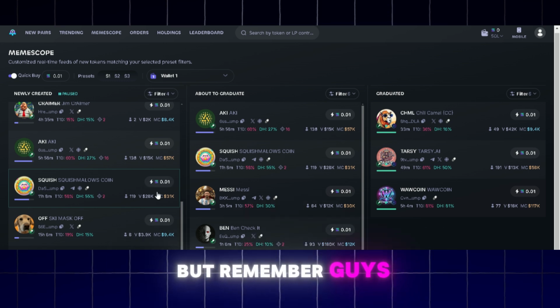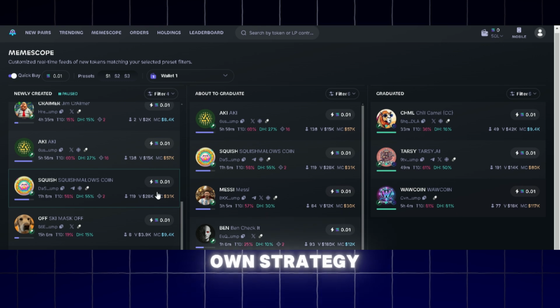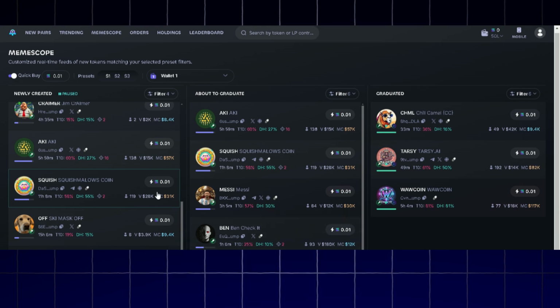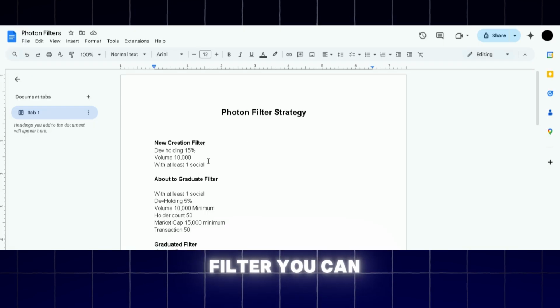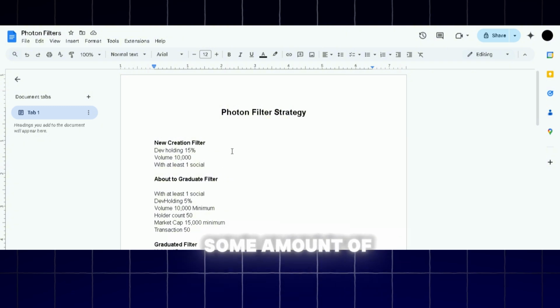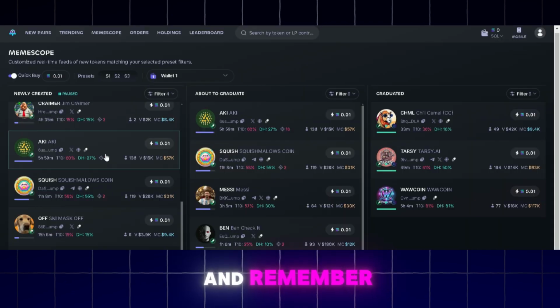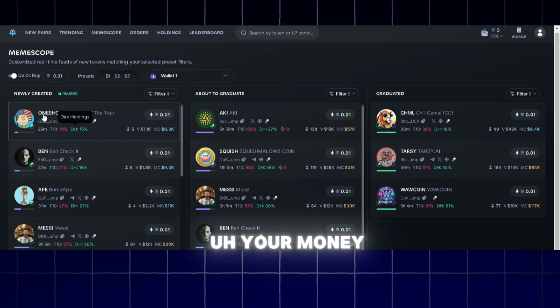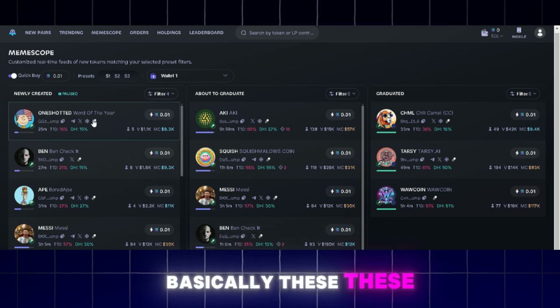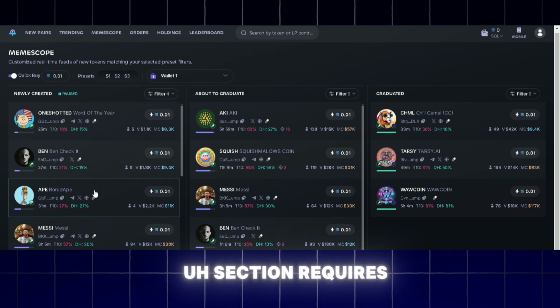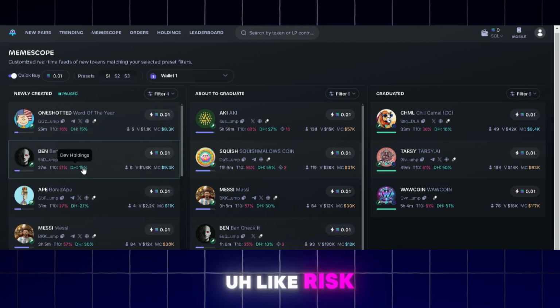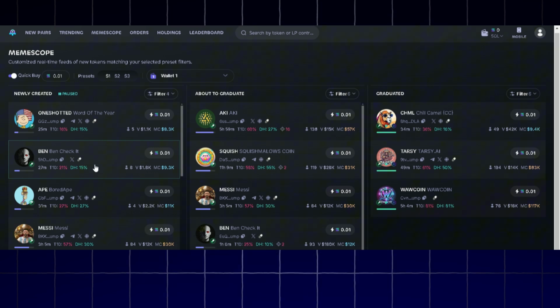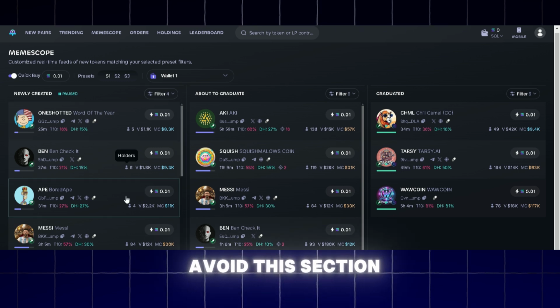But remember guys, everyone has their own strategy, so use your own strategy. With my filter you can get some help. And remember, do not lose your money on these types of coins. This section requires so much risk-taking capability, so I just want you to avoid it.